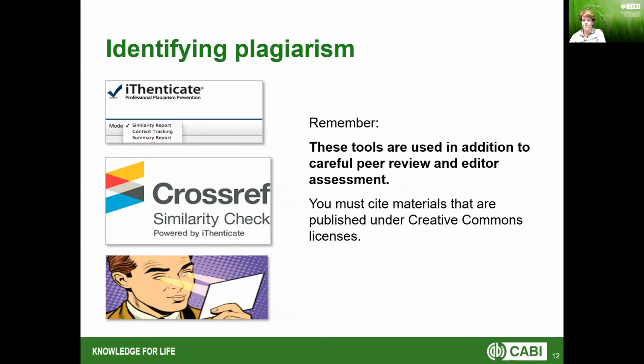And they do check materials that have been published under open access or any other kind of Creative Commons license. The point here is that many journals use Authenticate and similarity checks through Crossref, but detection is also done by human beings with subject matter expertise.